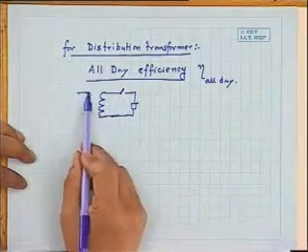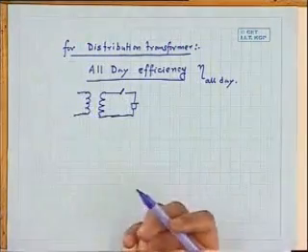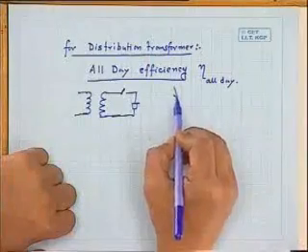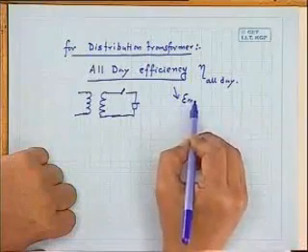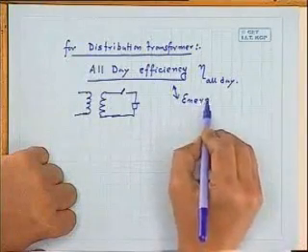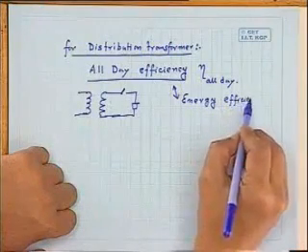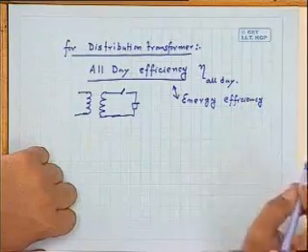But remember, when the transformer is opened, the primary draws the no load power, the core loss. So to judge the performance of such transformers, all-day efficiency is calculated, not power efficiency. This is alternatively known as energy efficiency.